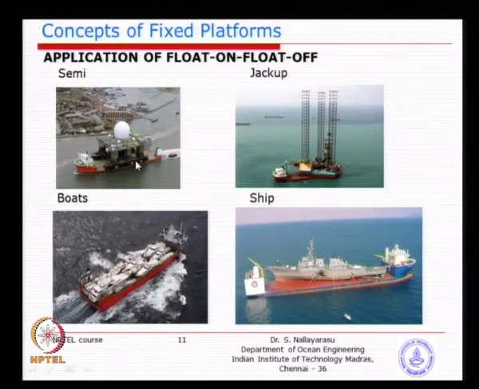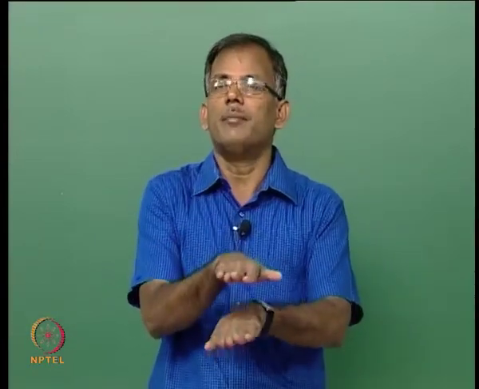How do we load such a big structure onto a ship? Basically in a dry dock. You can do this operation there, or you can do it in open sea conditions. Both of them will be floating, then you just submerge the mother vessel, bring this one on top, and then deballast the mother vessel to take the load. Very simple idea.